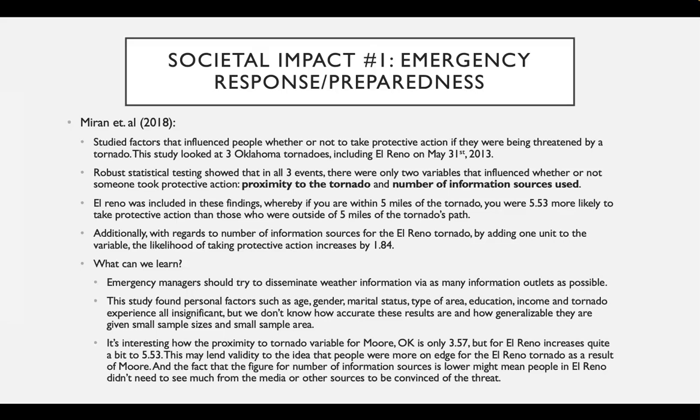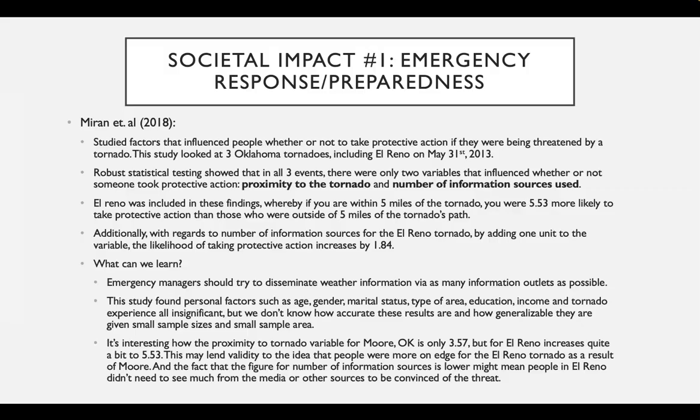Mirren et al. is a statistical study. It looked at 3 Oklahoma tornadoes, including the El Reno on May 31st, 2013, and its goal was to see in all 3 events what were the factors that influenced people's decisions on whether or not to take a protective action.